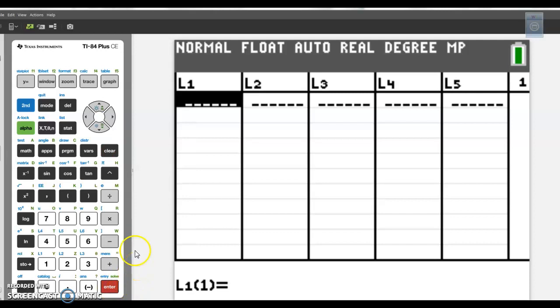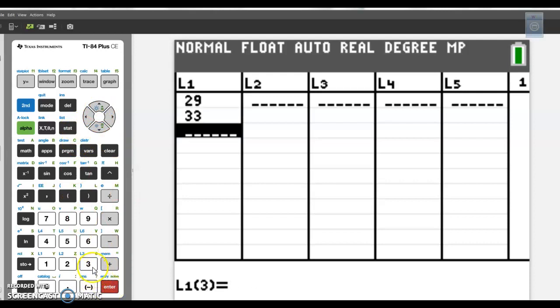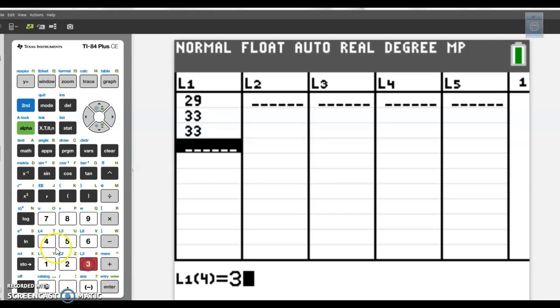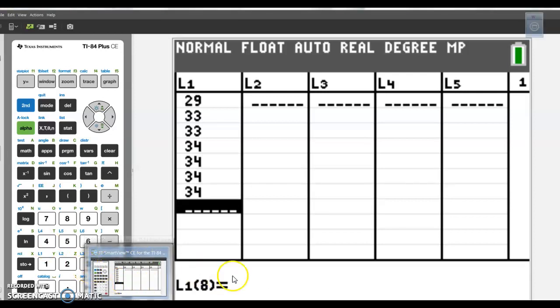All right, so there was 129, and there was 233s. Oops, 33, not 3. Okay, and then 434s, and 535s.